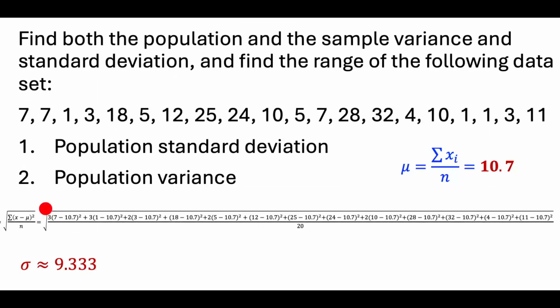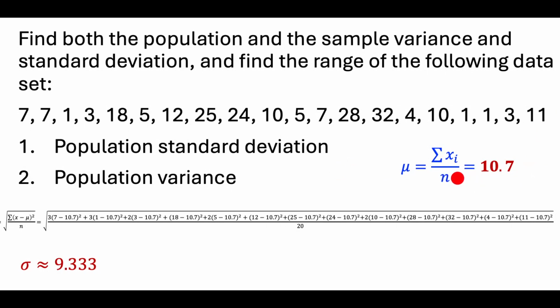One thing to keep in mind for this set of data is that the population mean and the sample mean are the same. If you watched the previous video, we calculated the sample mean and got 10.7 just by adding all these values together and dividing by 20, because that's what n is.